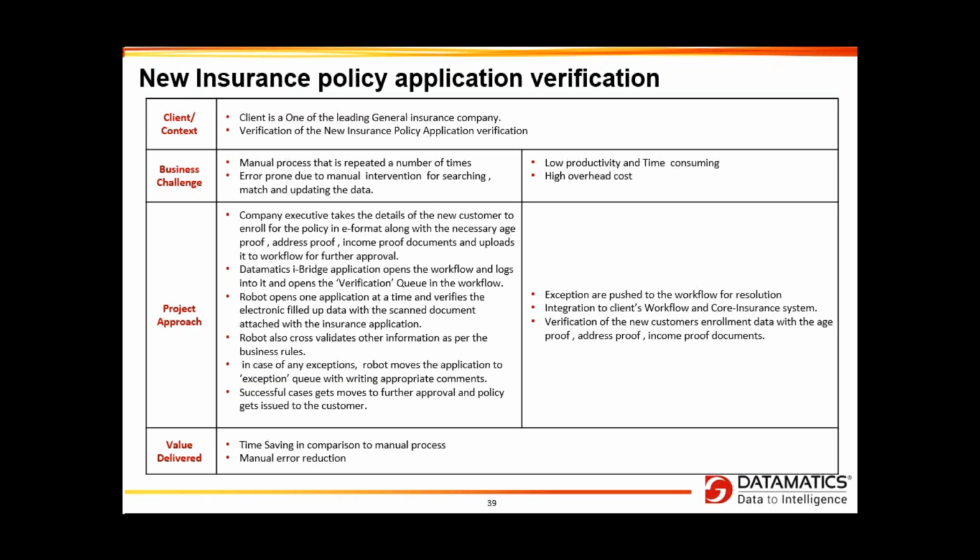New insurance policy application verification. So there are lots of checks and balances to be done. PAN number validation, Aadhaar number validation, date of birth, which they do manually. That is automated. Even in the KYC, I talked about for the large bank on the onboarding of a customer for customer account opening, all the processes which they used to do manually are automated: checking the date of birth, checking whether the Aadhaar number is valid, checking whether the address is right, and when they give more than one document, cross-checking between those documents.